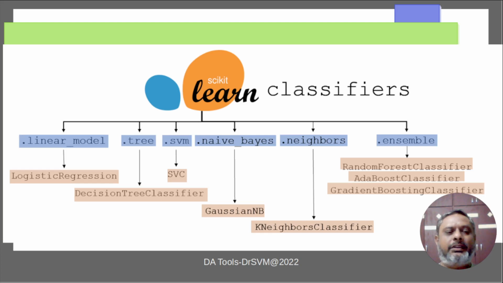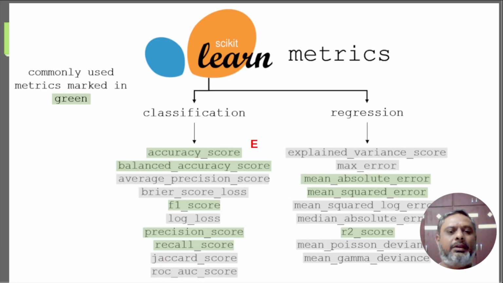In the same way for classifiers, we have linear model, tree model, support vector machine, naive Bayes, neighbors, ensemble methods. So these are the things available for classifiers. And for knowing whether we are doing right or wrong, metrics are required.